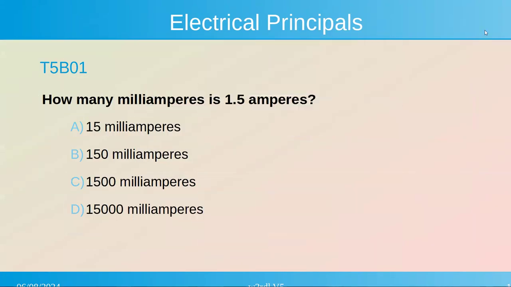So, a real question: how many milliamps is 1.5 amperes? So you want to go from amperes to milliamperes. You got amps, you want to know milliamps. So how many milliamps in an amp?